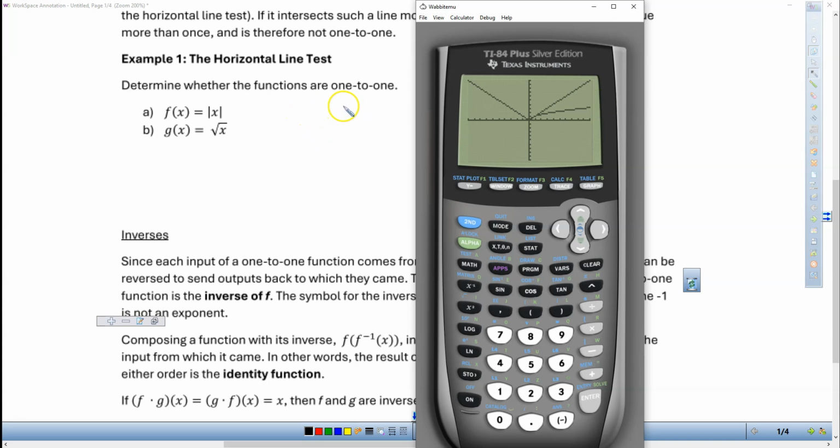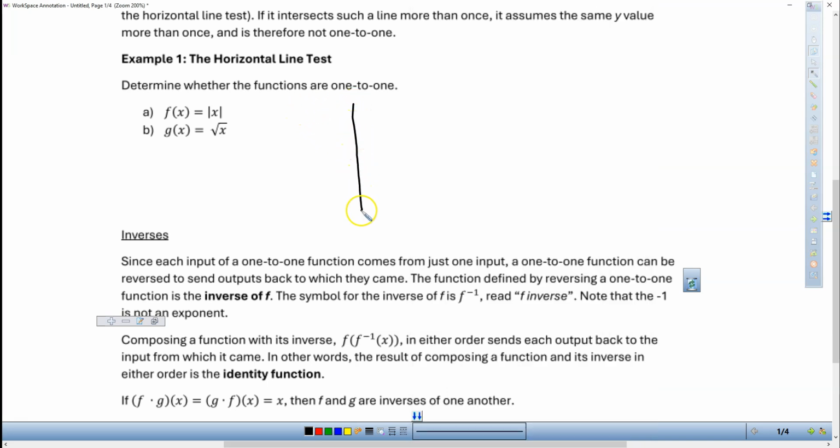So I'm just going to quickly sketch those back onto here. And we're going to use the horizontal line test to help us determine this. So I'm going to use that for f of x, and let's use this red for our g of x. So this is g of x, and this is f of x.